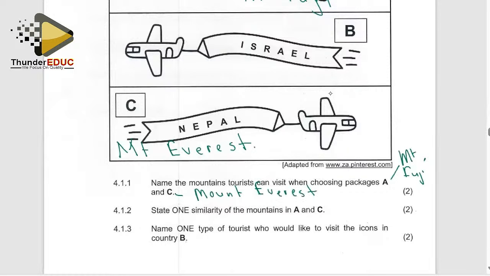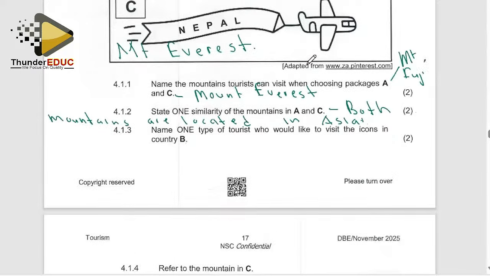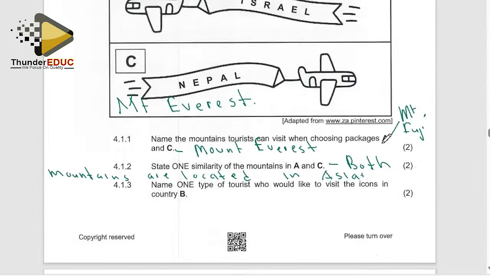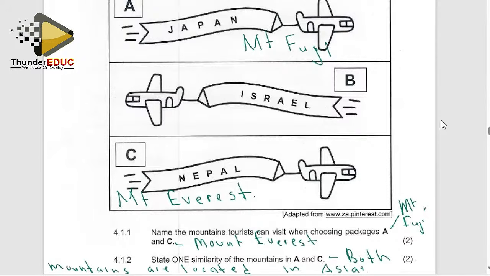Now going to question 4.1.2, state one similarity in the mountains A and C. Both mountains are located in Asia, on the Asian continent. That is one similarity. Then state one type of tourist who would like to visit the icons in country B. Country B is known for the Dome of the Rock and the Wailing Wall.